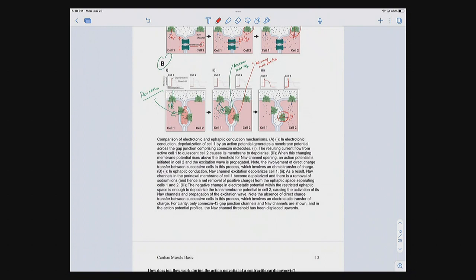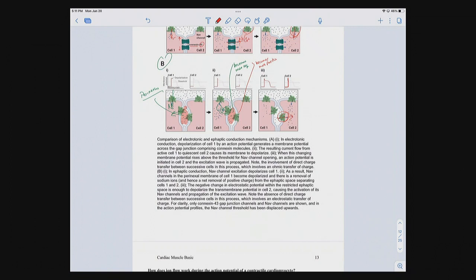So that is in contrast to a contractile cardiomyocyte, which we're going to see very clearly in the next lecture, where the initial event depolarizing that contractile cardiomyocyte is going to be voltage-sensitive sodium channels, which will in turn open L-type calcium channels.